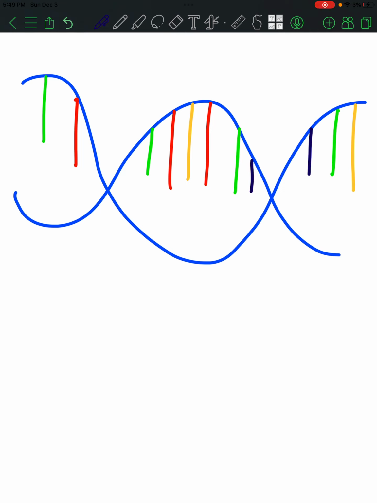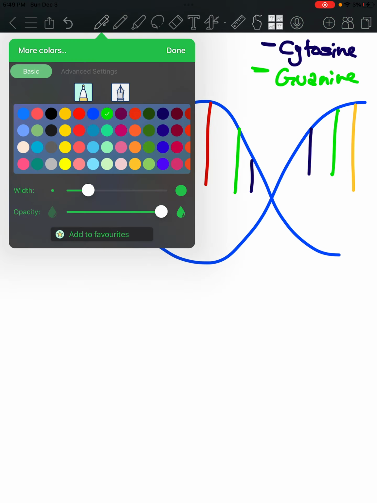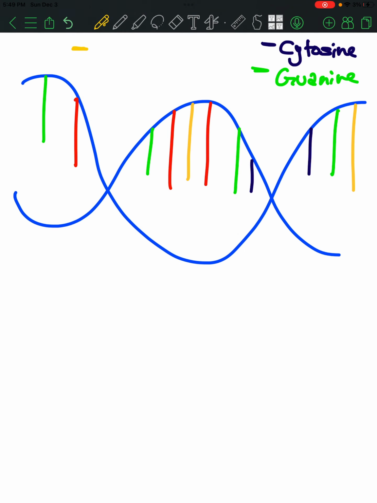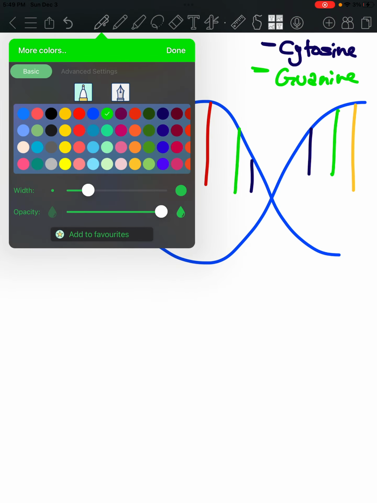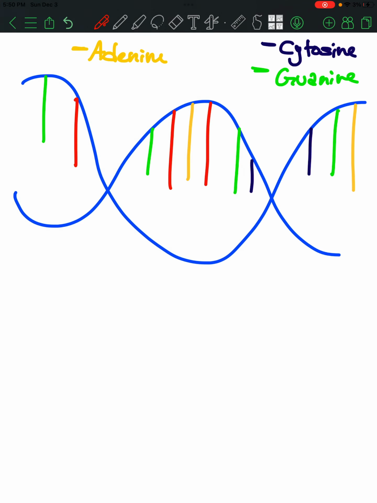So we're just going to label these. This is going to be cytosine. This is going to be guanine. Yellow is going to be adenine. And then green, what's the color? Red's going to be thymine.